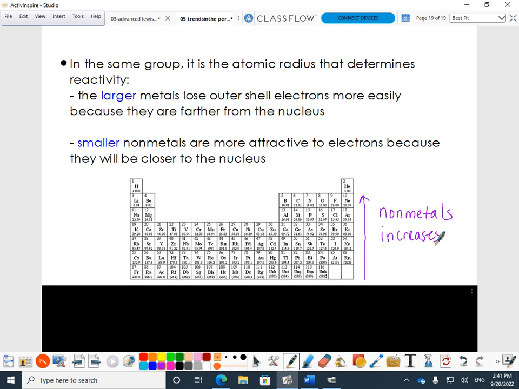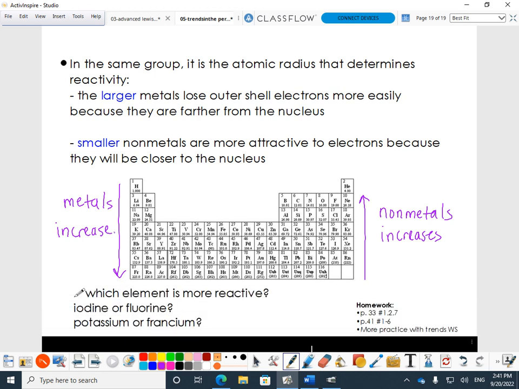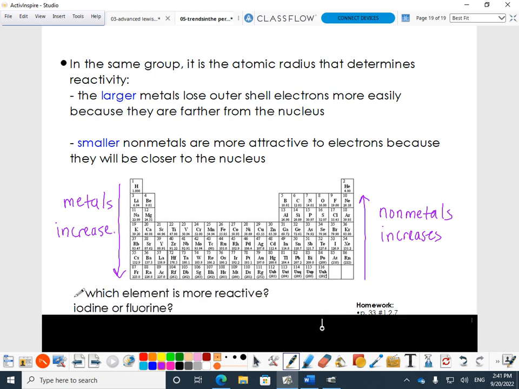So these arrows aren't so friendly. But I included a periodic table there if you did want to sketch them in, if you're using that as a tool. So again, if I'm going to ask you about a group, then it should be the same type of element. Which one is more reactive? Iodine or fluorine, I or F?